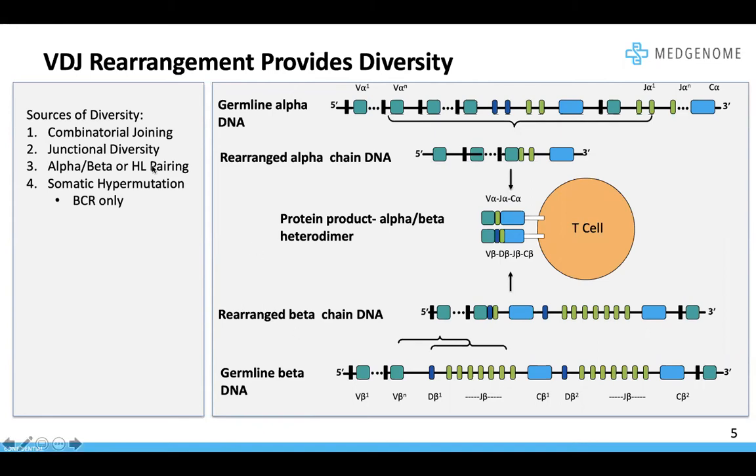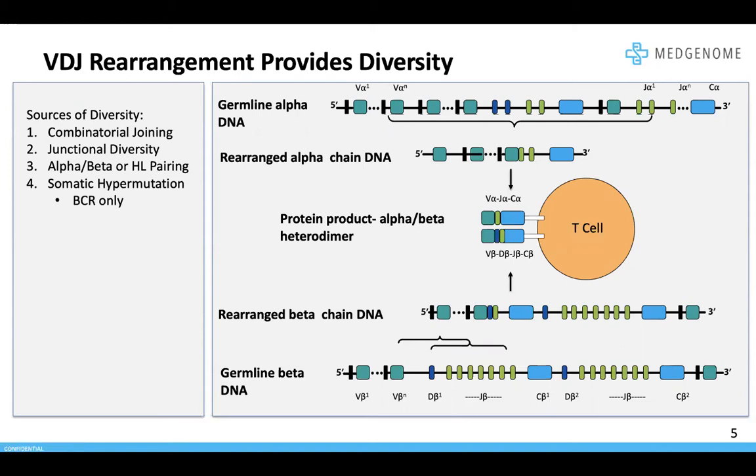The second step in creating diversity is called junctional diversity. When these segments are combined, when you combine the V segment with the D segment or with the J segment, at these junction sites, nucleotides are randomly inserted or deleted. And so that small change adds a little bit more diversity in the TCR or BCR.